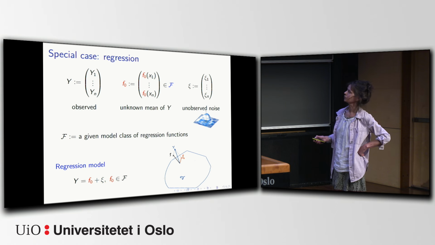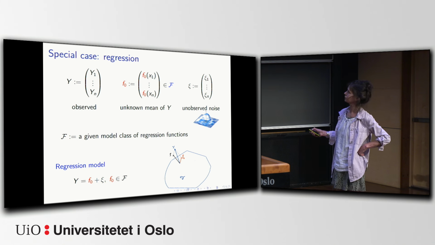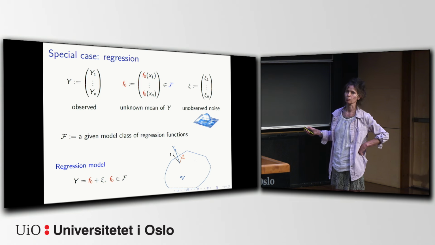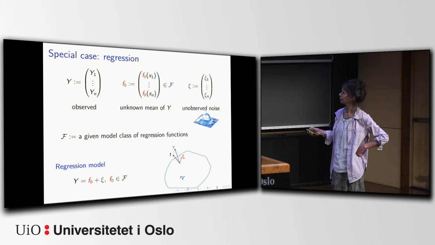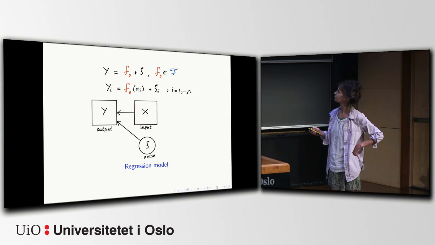So the model is y equals f0 plus psi. So you have a known space of regression functions. The true regression function is somewhere in there, that's this f0. Then there's this noise, and what you observe is the vector y. And then you want to recover f0, the regression function.